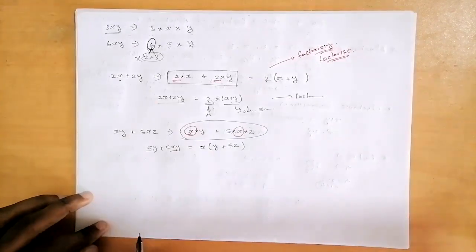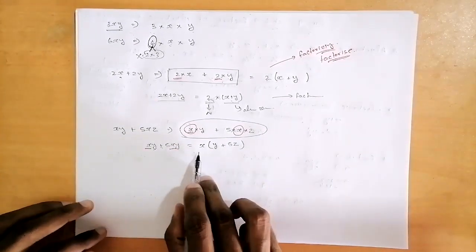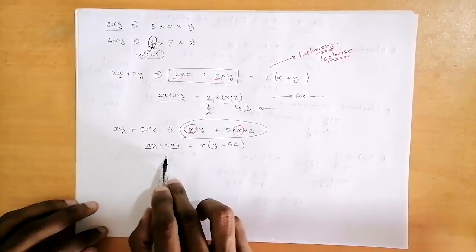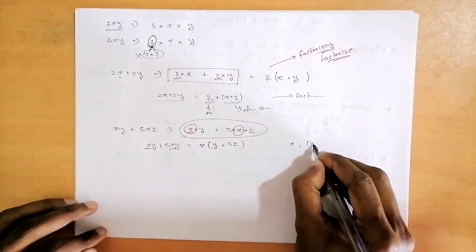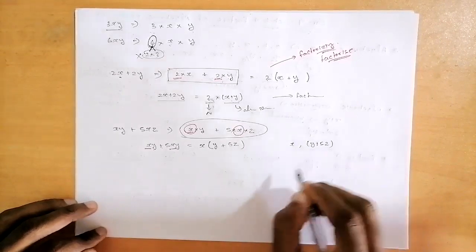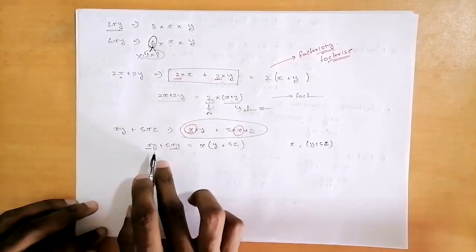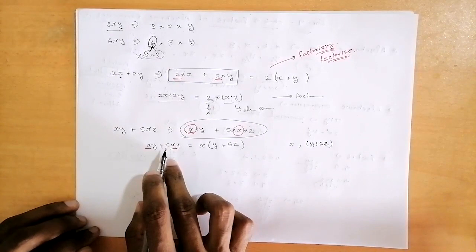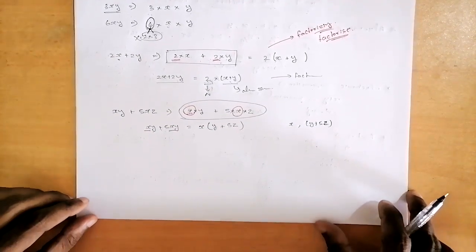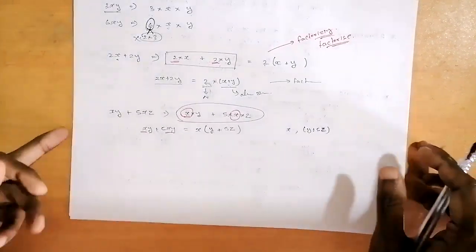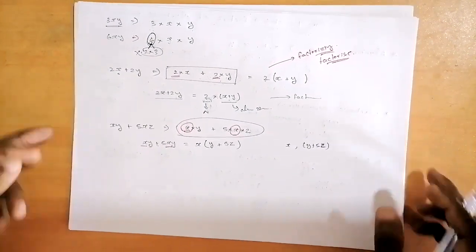Now we have factorized the given expression. So now we can say x and y plus 5z are factors of this given expression. Okay, so this is the main theory that you studied in grade 8.